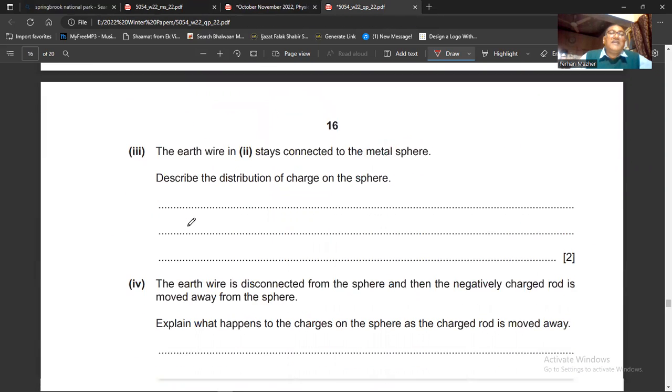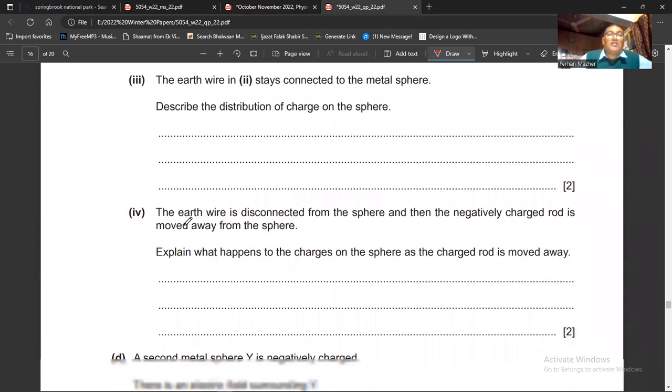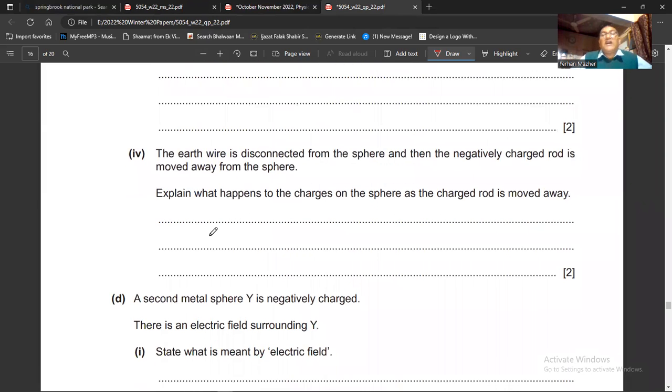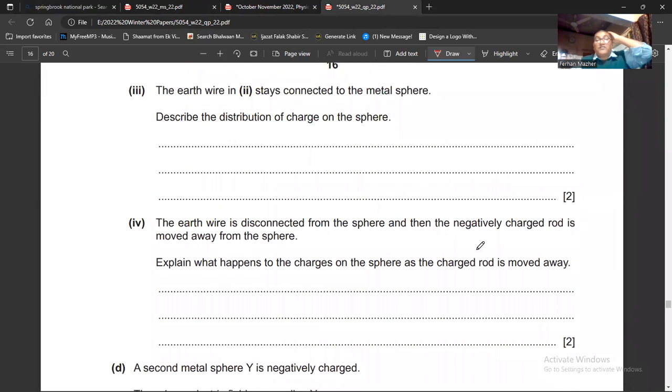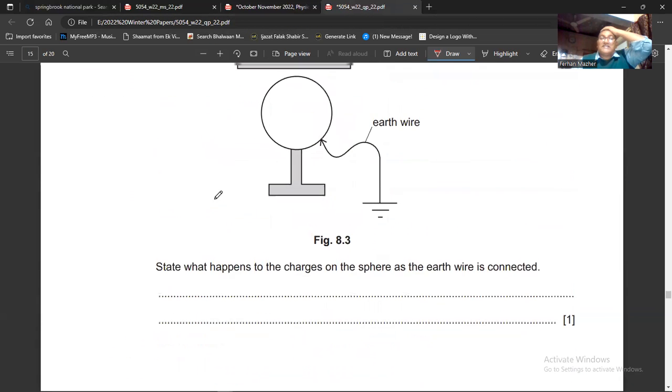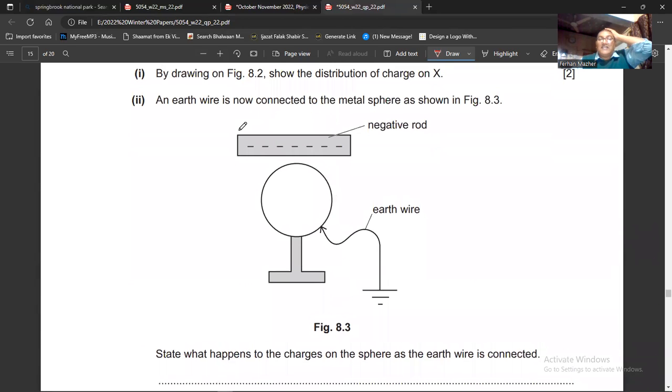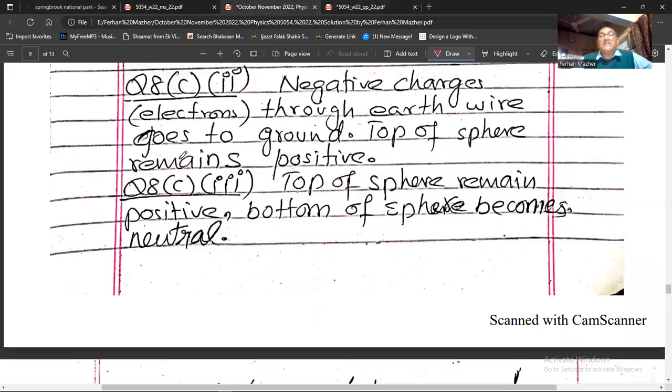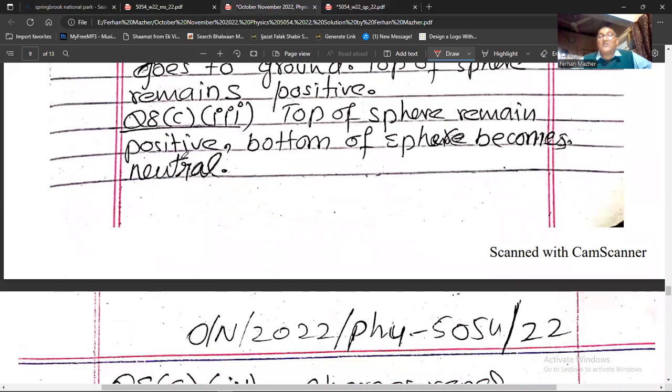Okay, then they say the fourth part. The earth wire is disconnected from the sphere and then the negatively charged rod is moved away from the sphere. Explain what happens to the charge on the sphere. So now they are going to break this earth wire first, and then remove this negative rod also. The whole sphere will become positive because it has already lost electrons to the ground.